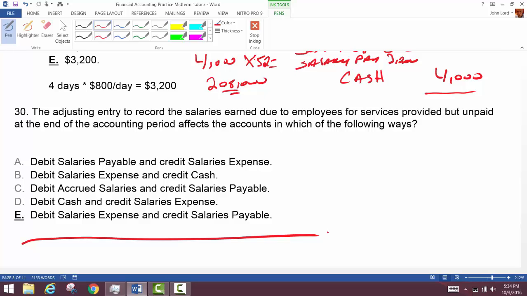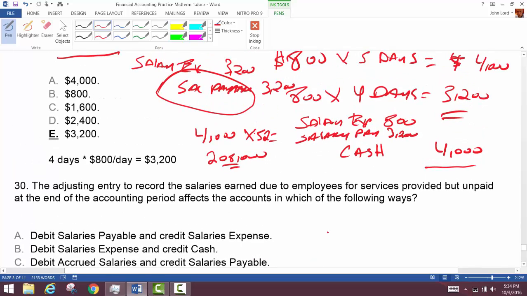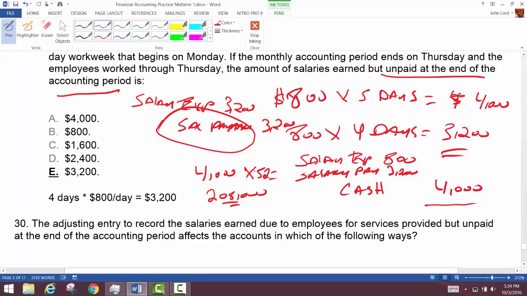Adjusting entry and closing entry. Okay. Adjusting entry is basically what we've been doing when we come to the end of the year or the end of the month and we're saying, hey, we've accrued some salaries or we've incurred some expenses. We look and we see that we purchased supplies.